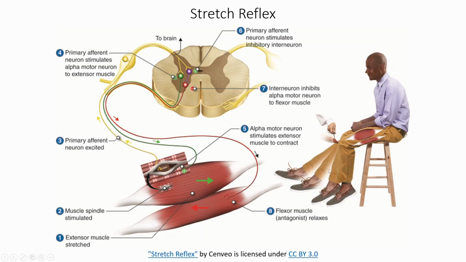The whole point here is, we've stretched this muscle, so we need to do the opposite. We're going to tell the extensor muscles to contract, but also stop the muscles on the back, in this case a flexor muscle, because the flexor muscle does the opposite job. We're going to stop that one from contracting so that we don't contract both muscles at once. And again, this is all happening in the spinal cord.